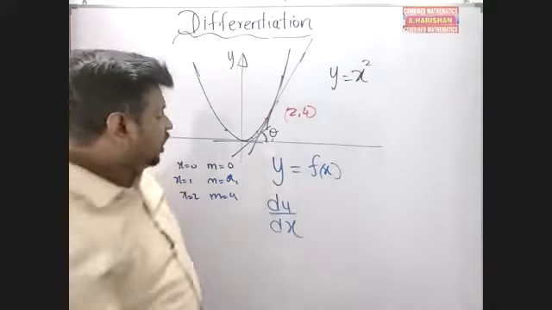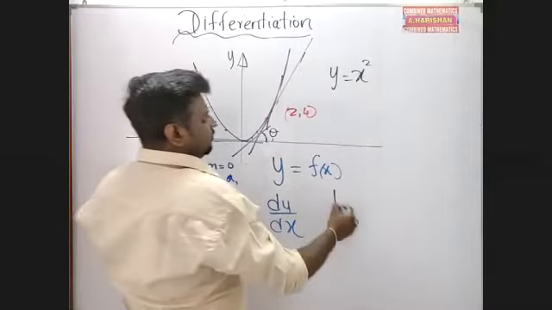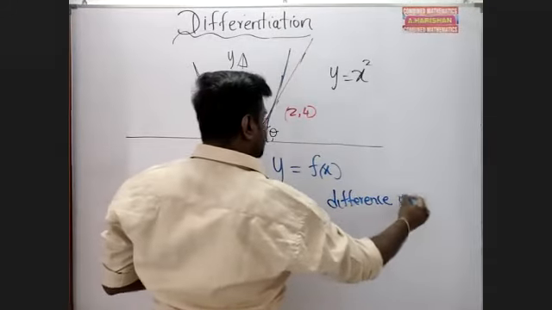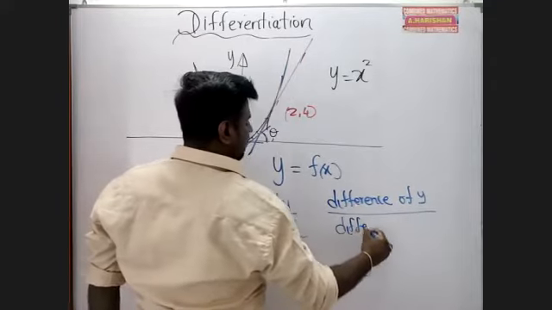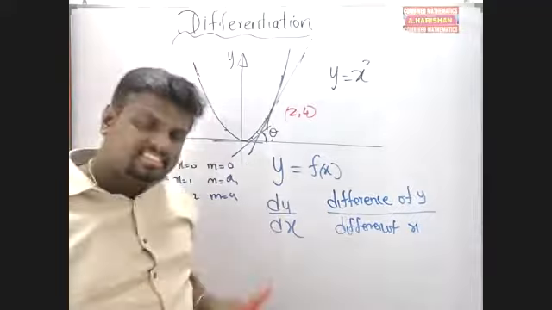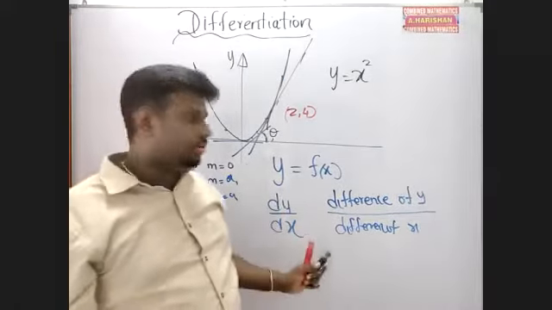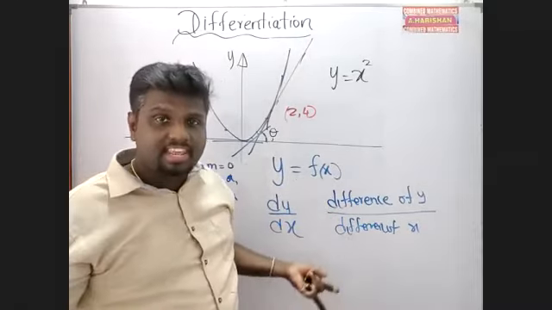What is that? dy by dx: the d stands for the difference of y over the difference of x. So this notation has the meaning itself, because difference of y over difference of x means the gradient, right?